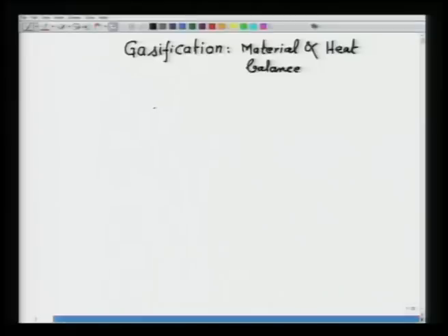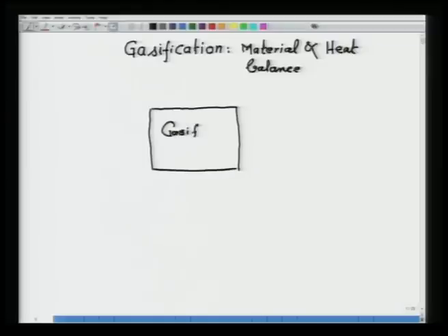First of all, let us consider a simple gasification process. If you consider this is a gasifier, and here say we are supplying coal, the composition is given: carbon, hydrogen, oxygen, nitrogen, it may have H2O, ash.